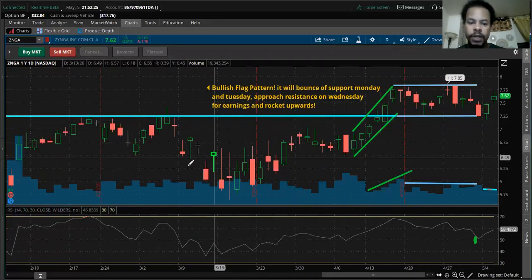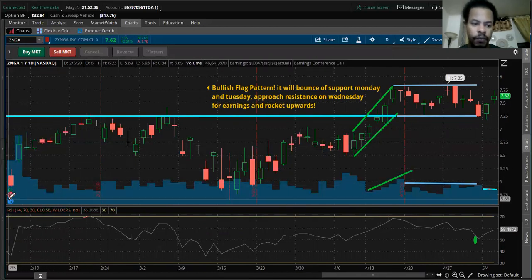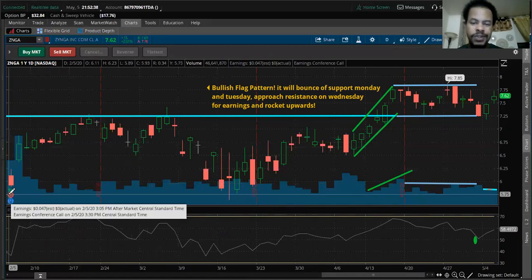So if we look at the daily chart for Zynga, the first thing I want to look at is this little red dot down here. That was the last earnings report, when they reported earnings.